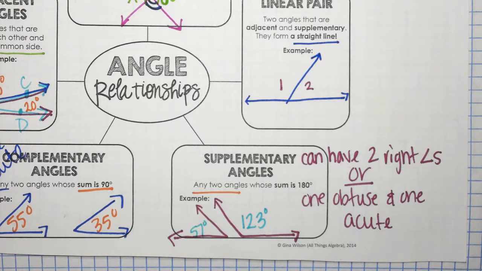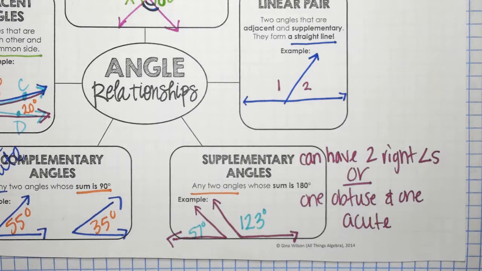Tell me one fun fact about complementary angles, Thomas. Tell me a fun fact about complementary angles. Look at your definition that you just wrote down for complementary angles. Yeah, look at you go.